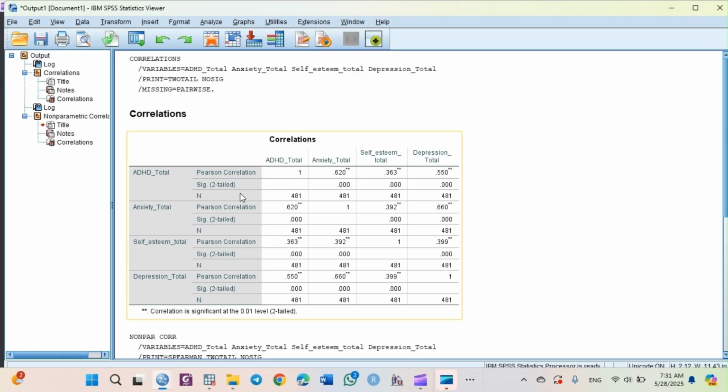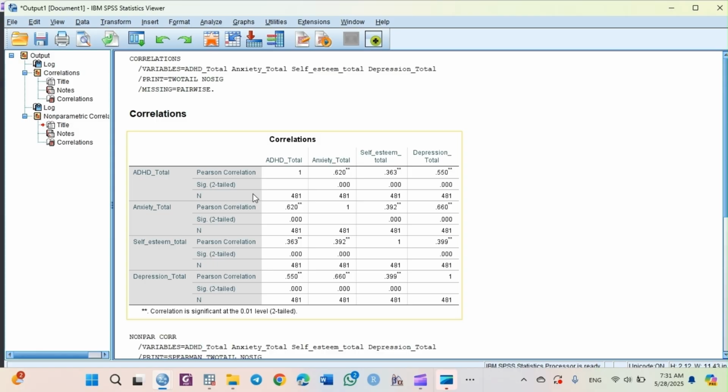To interpret the results, we will look at n, significance, that means the p-value, and also the correlation coefficient, r. Let's begin with n. You have to check n. If n is too low and there is a lot of missing data in your dataset, be sure whether you checked exclude cases pairwise.